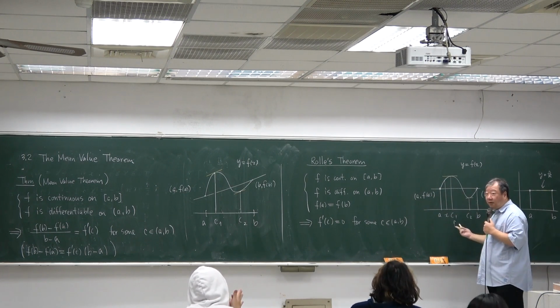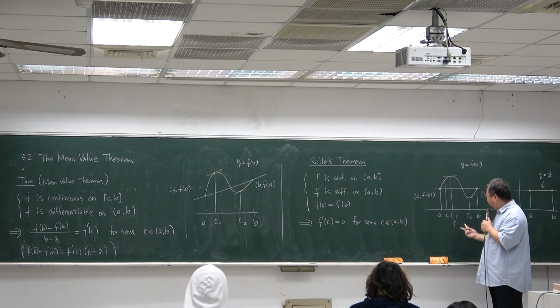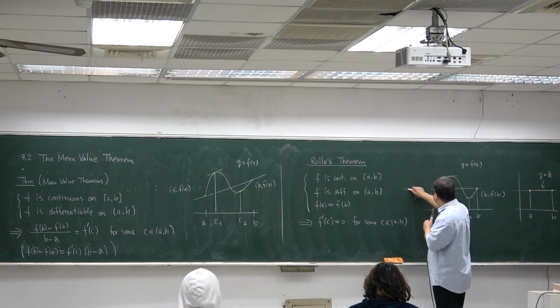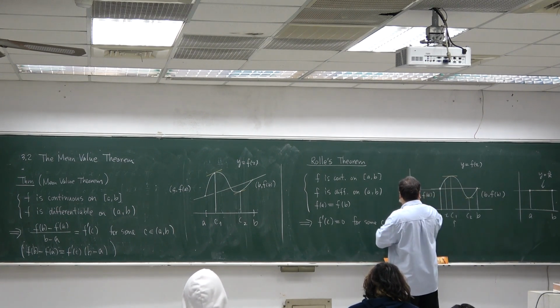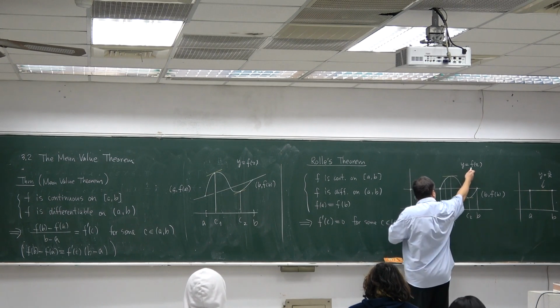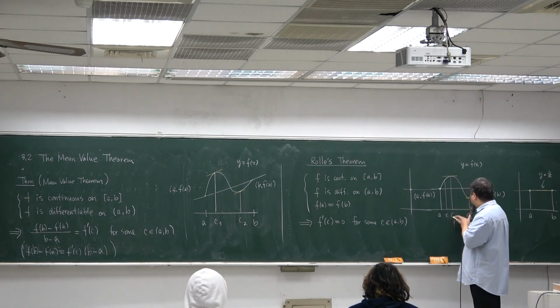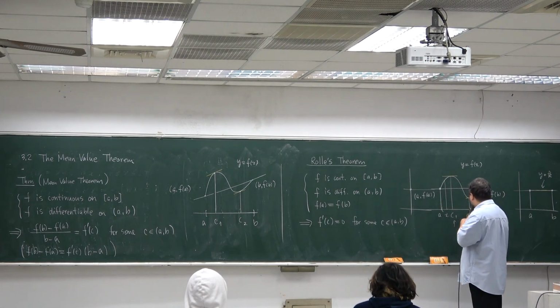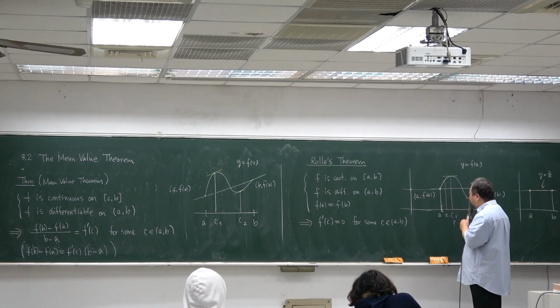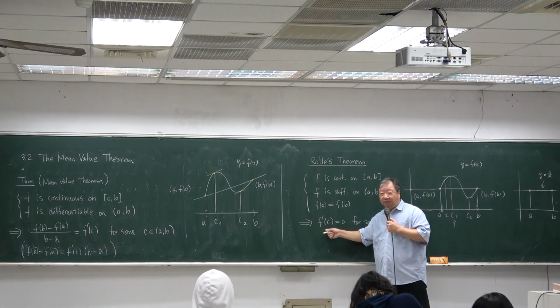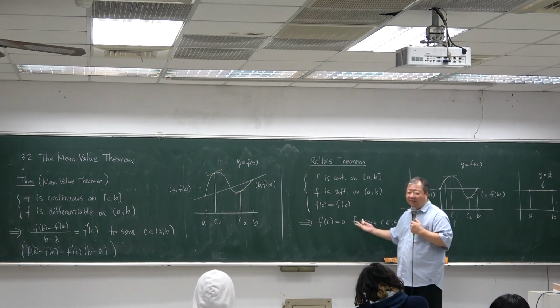Okay, and this number is not an endpoint, because the endpoint's value is maybe here. But already the value of f at some x is greater than this number. So the maximum must be greater than this one. And therefore, c1 must be interior to this closed interval. By Fermat's theorem, f prime of c, c is a critical number. Okay. This completes the proof.